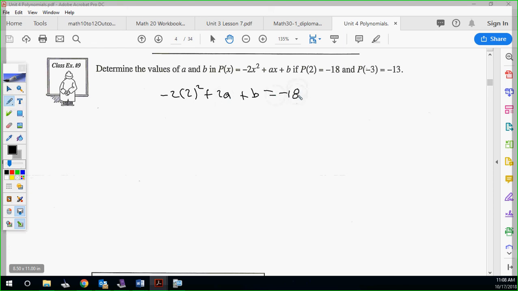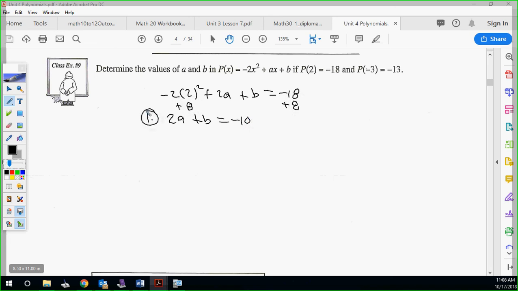So let's get that simplified, and then we'll do the second one. So that simplified is negative 8 plus 2a plus b. If it's 4, right? Times negative 2 is negative 8. I'm going to add the 8 over. So I get negative 10. So this is my first equation.